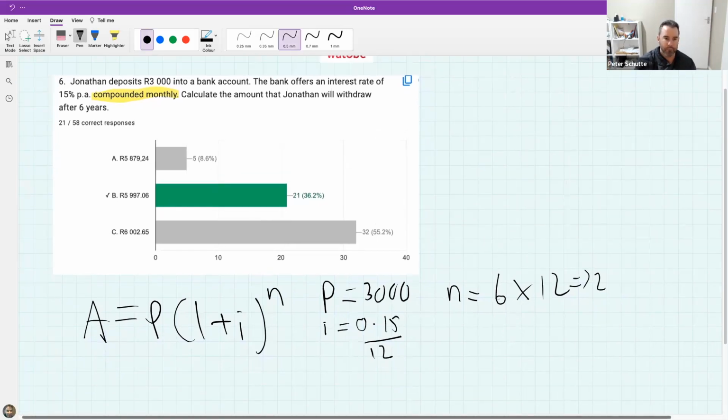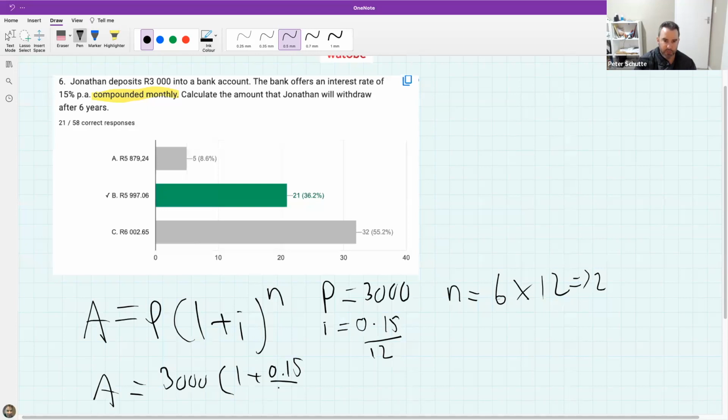And so the answer to this question should be: the 15% interest rate is chopped up by 12, and then this should be to the power of 72.